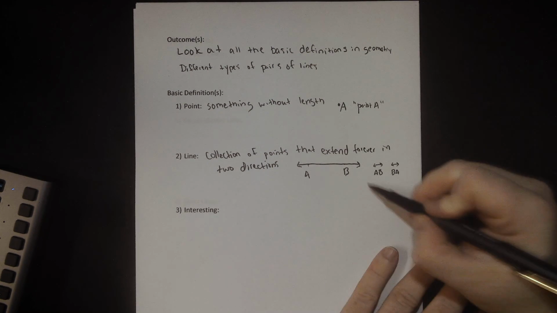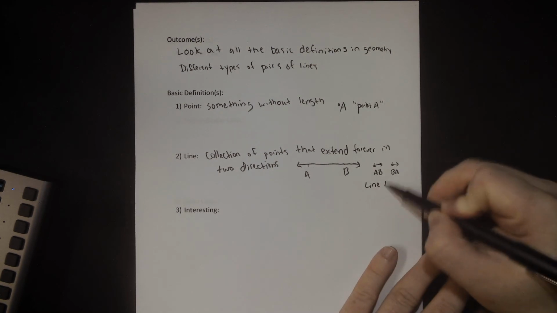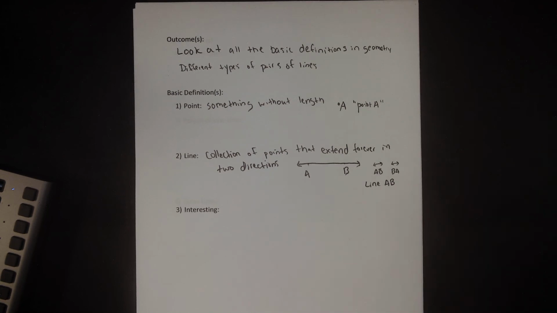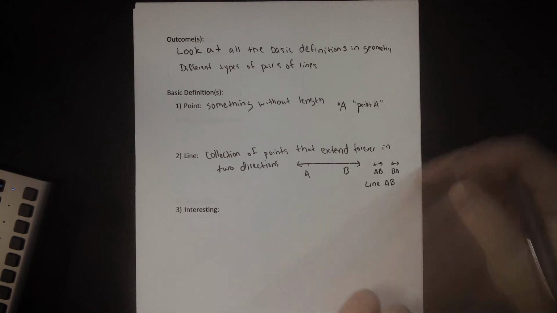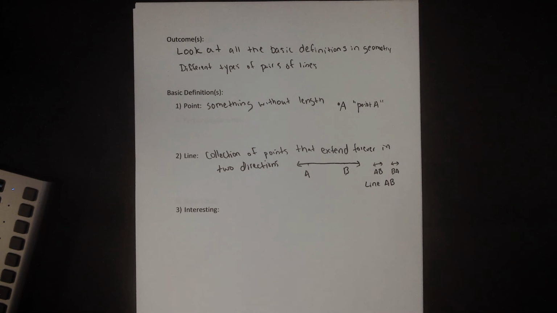Or we can just call it line AB, which is what I've been letting my students do online, because it's really hard to affix these symbols when they write their answers down to respond to me. So I'm pretty much letting that go at this point. But in future years, when I want to use this video again, we will emphasize that when we're back in the classroom.